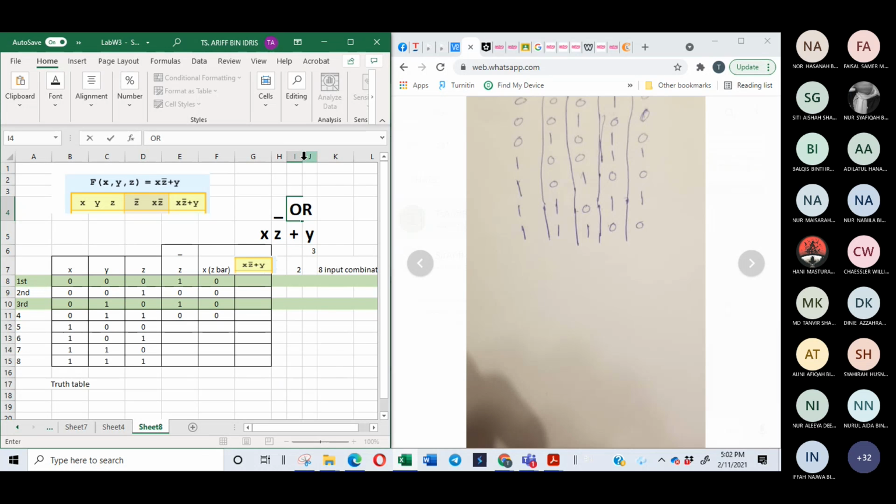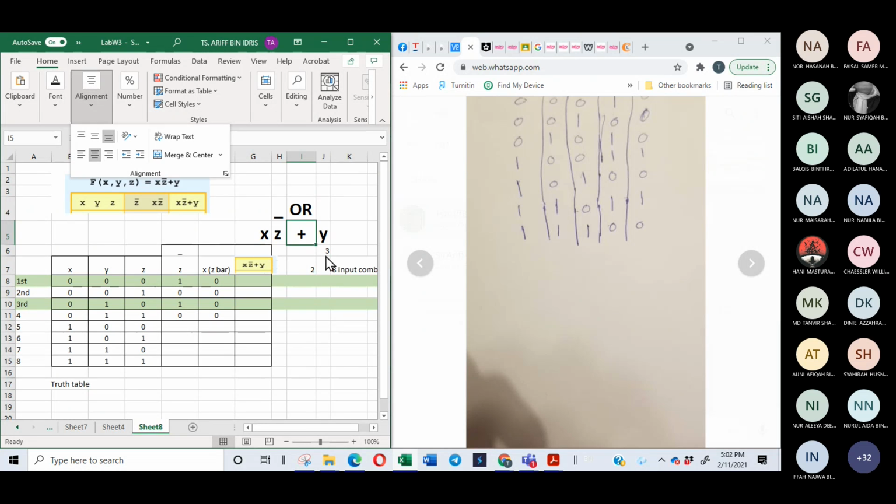So x and with z bar, you have the answer here, and then you need to plus with y. So plus y is actually x z bar OR with y. Are you clear, class?